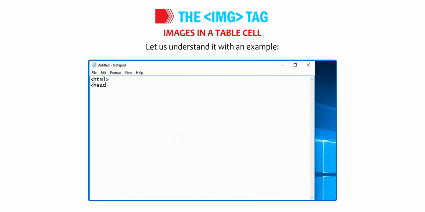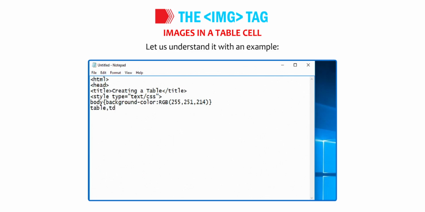HTML head title creating a table /title style type equals to double quote text /css double quote close. Body curly braces background-color colon RGB bracket 255, 251, 214 bracket close curly braces close.